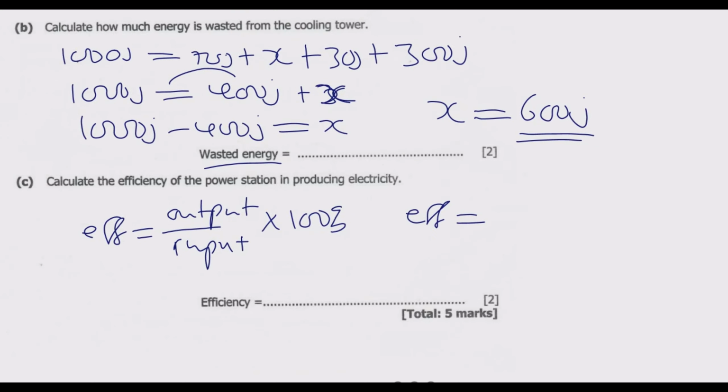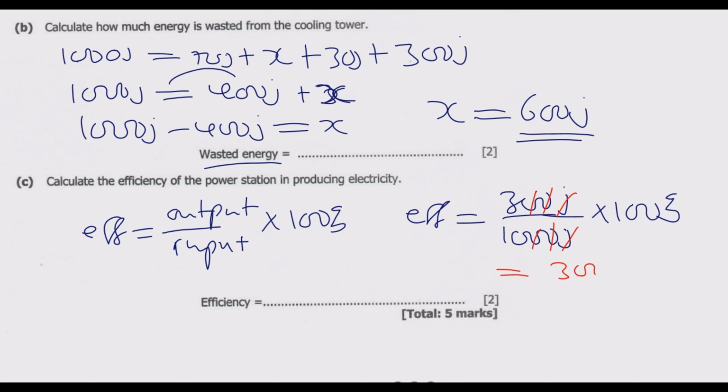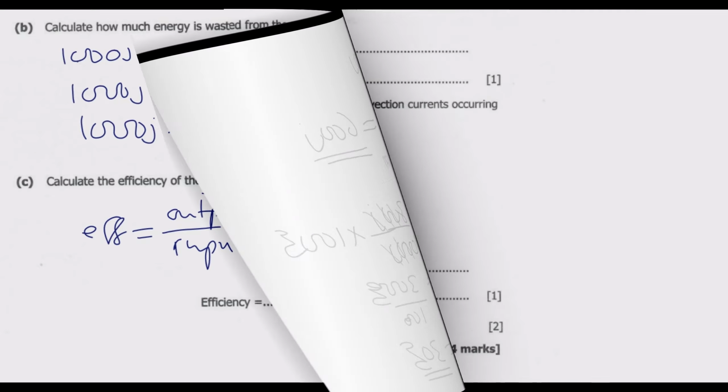So in this case it will be 300 over 1000. Remember these are joules, all of them, then multiplied by 100%. So what you notice here is that joule and joule cancel, and the zeros cancel. Then we have 300% divided by 10, and we end up with 30%. So 30% is the efficiency of this power station in producing electricity.